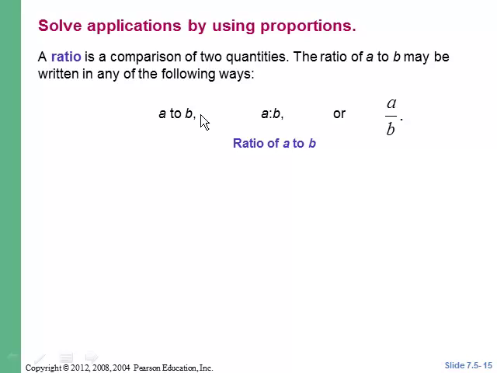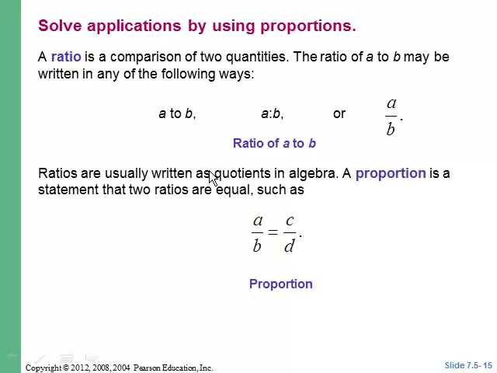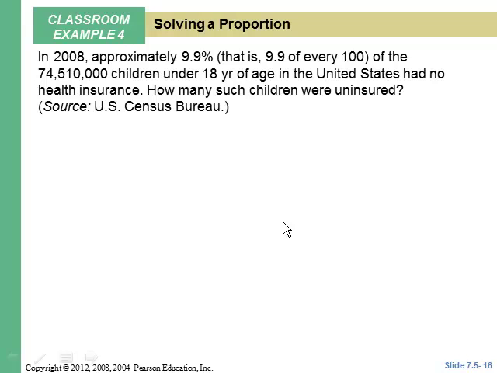Now, let's see some application problems in action. We know that a ratio can be written any of those three ways. A proportion is two equal ratios, so we can cross multiply them and divide. In 2008, approximately 9.9% of the 74,510,000 children had no health insurance. How many such children were uninsured?